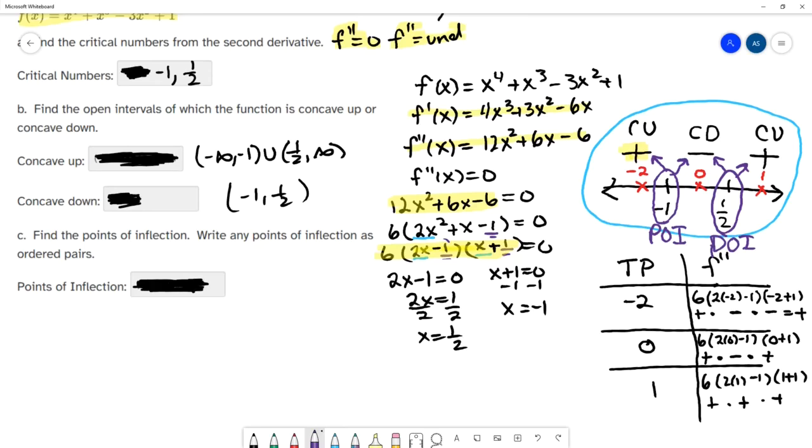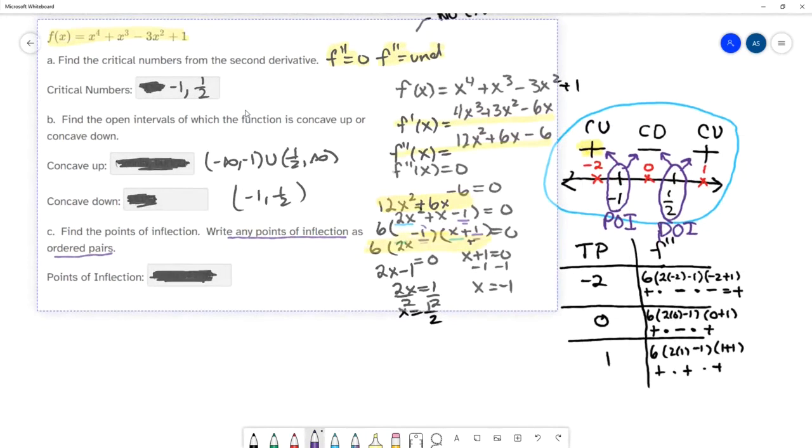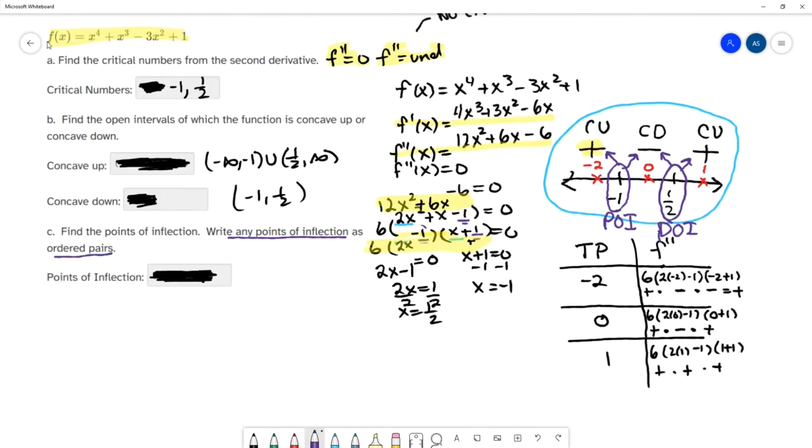But we want to write these points of inflection as ordered pairs. So we're going to substitute these values into the original function. So let's substitute -1 into our f of x, and also 1/2 into our f of x.